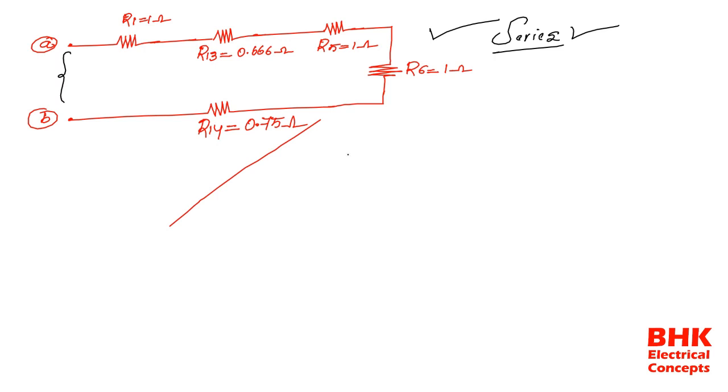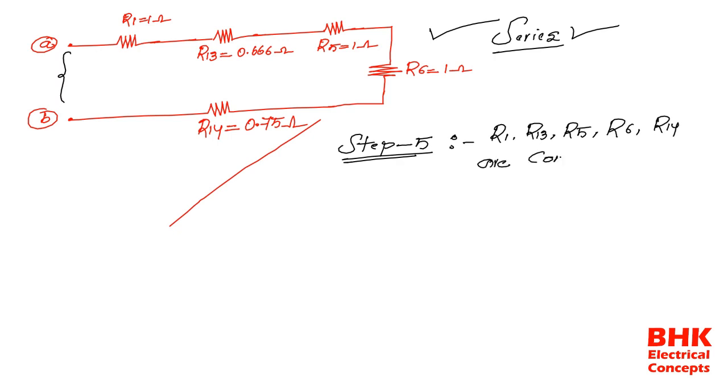Now we know that the last step is what? Step number 5: R1, R13, R5, R6 and R14 all are connected in series.